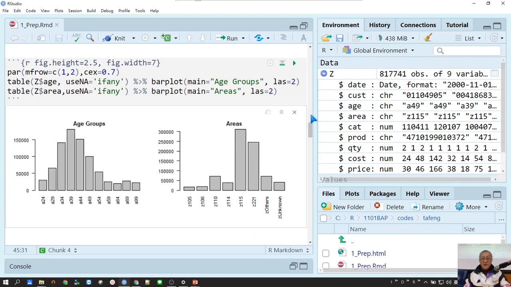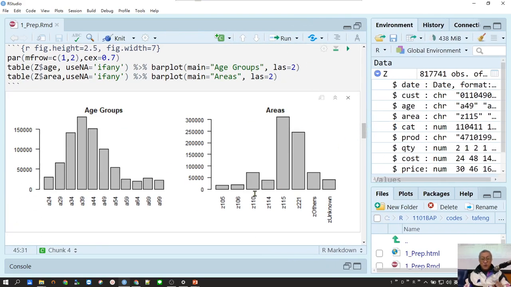These two charts, we can say that this one is the age group distribution, and this chart is the area distribution of customer, of the entire customer population, right? This is the age group distribution.